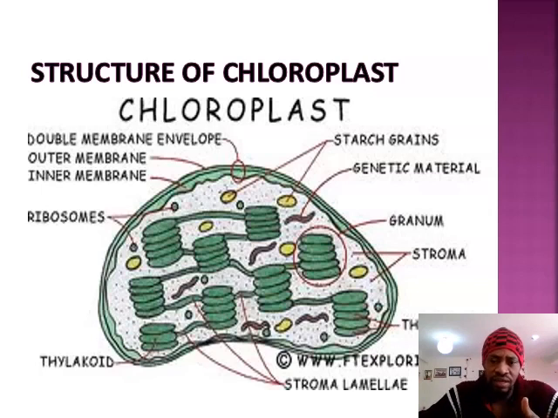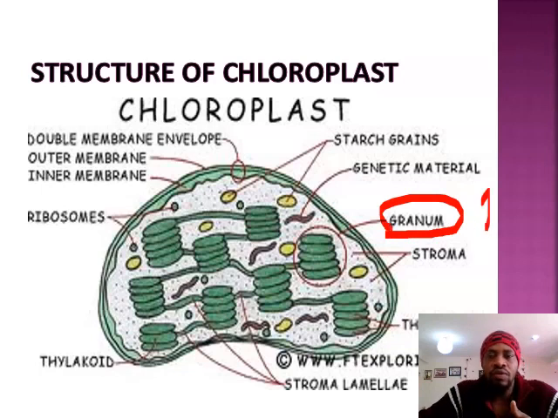That's the first phase. That first phase occurs where? It occurs inside the granum. Remember, I said granum will be our region 1. I called it 1 because that is where the first phase of photosynthesis occurs, the light phase. And I'll never forget the light phase occurs in the granum, because in that word light, I spell it L-I-G.